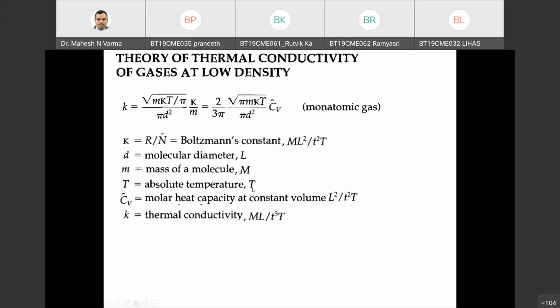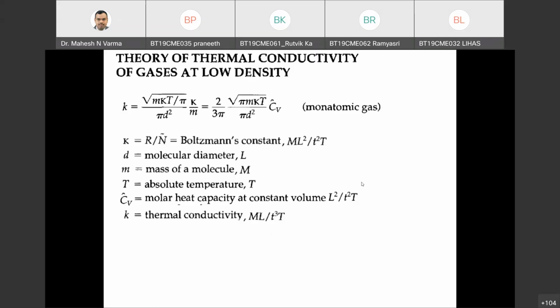T is the absolute temperature, which has the dimension of temperature, and Cv is the molar heat capacity at constant volume, which has dimensions of length squared divided by time squared and temperature. K is the thermal conductivity. So this is the preliminary, similar equation of Maxwell actually.